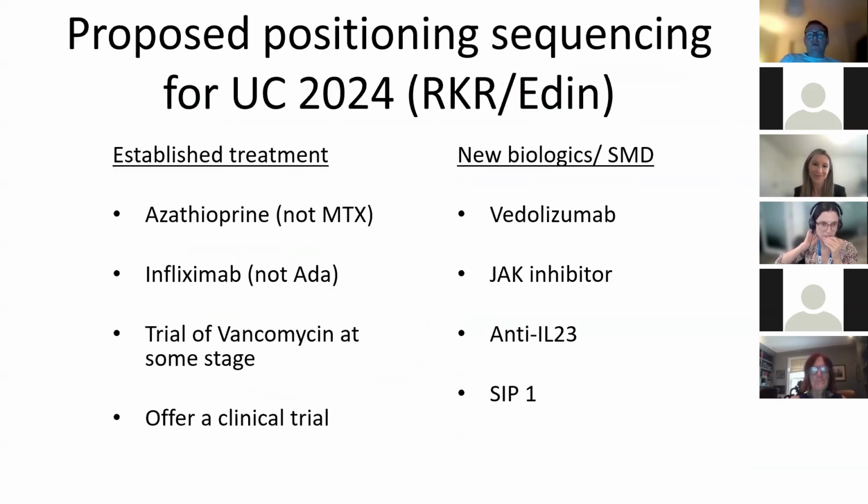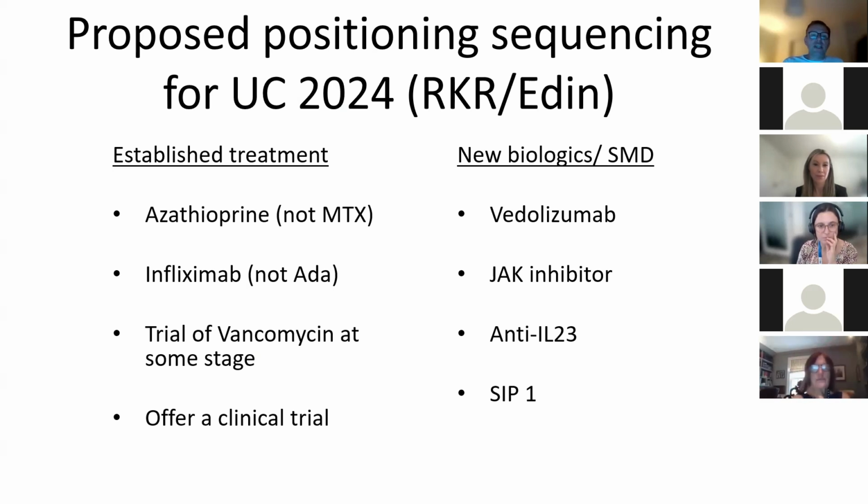Next slide. So I'm coming off the fence in terms of how we treat UC. My opinion, the Edinburgh team's shared clinical experience, this is not perfect, but it does allow us, if we're doing standard treatments between us in a consensual way, to then learn what works well and what doesn't work well.